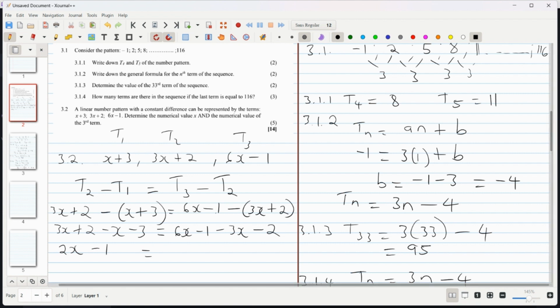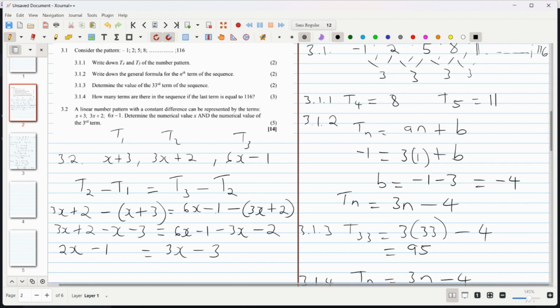So you just group the like terms. And here, 6x minus 3x gives 3x. The other side has negative 1 and negative 2, so you have negative 3.